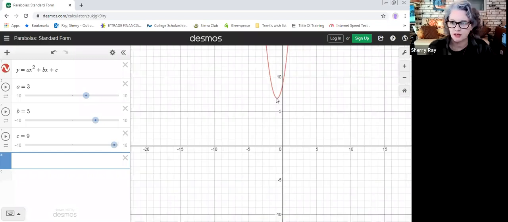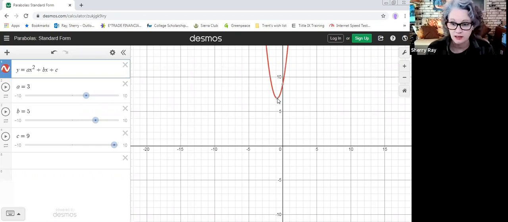So this is an example of a parabola. It's concave up. It has a vertex right here. Actually, guess what? I can figure out what the vertex is by clicking on the vertex. I can also find the y-intercept using my Desmos calculator, okay?